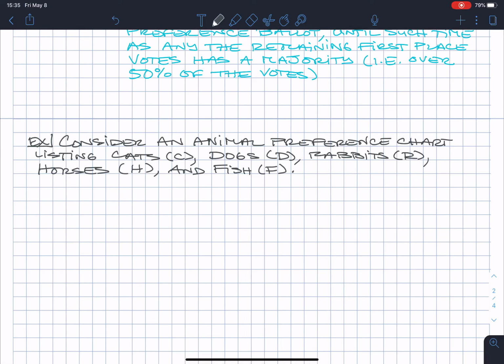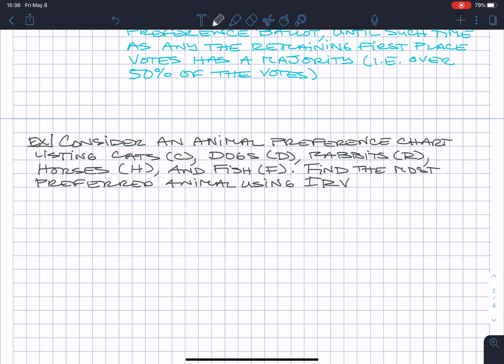So find the most preferred animal using instant runoff voting.